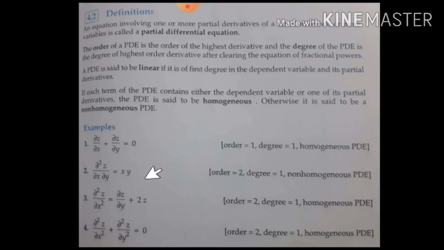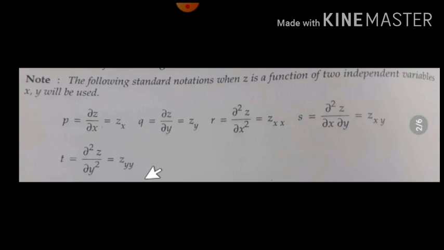Okay. Now we study some basic notations related to partial differential equation. If we take z as a dependent variable, a function of two independent variables x and y, how do we denote the partial derivative? We learnt it last semester in the chapter on partial derivatives.